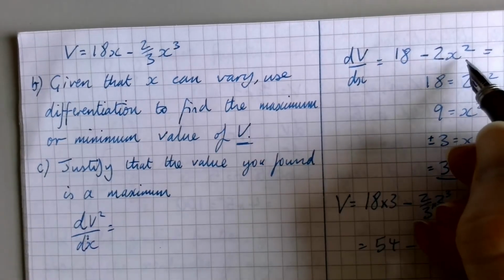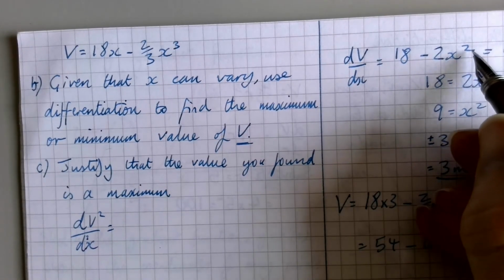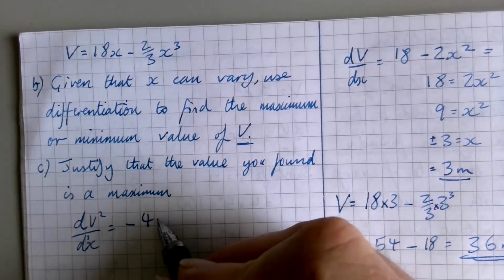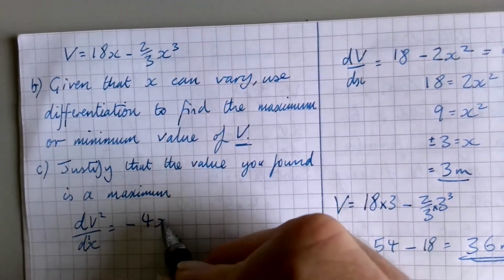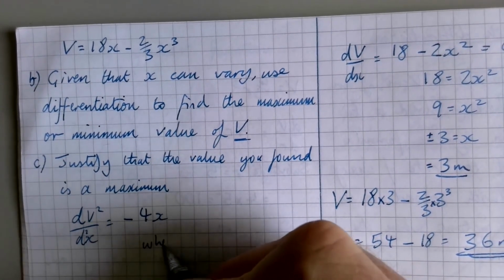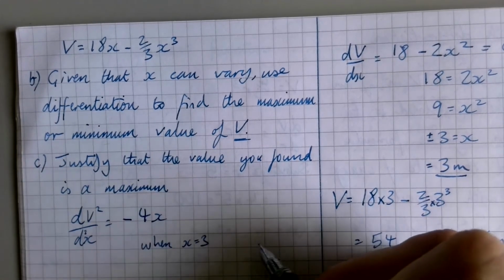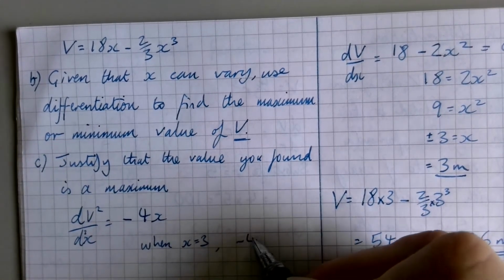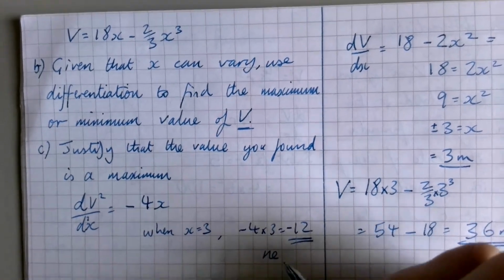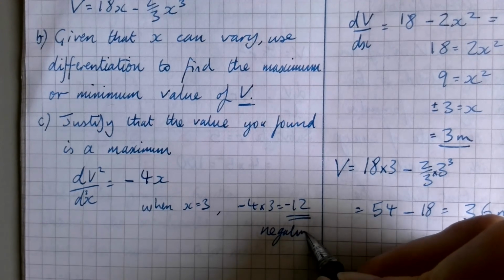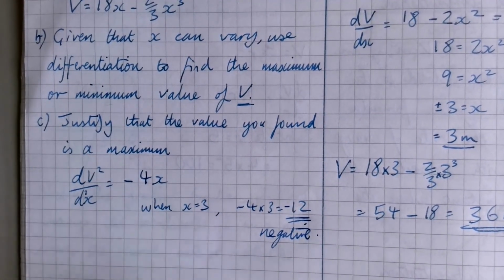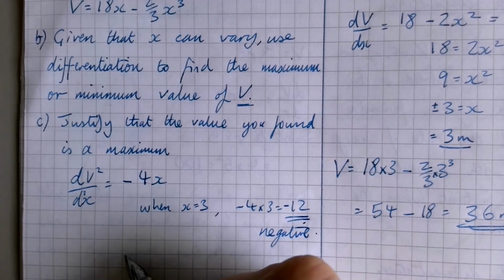So if I differentiate that, then 2 times negative 2 is minus 4, and the power drops to 1, minus 4x, and when x equals 3, minus 4 times 3 equals negative 12, which is negative. And if you get a negative result in the second differential, that means it's a maximum.